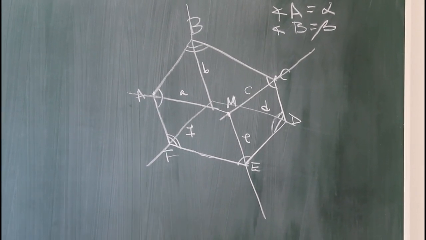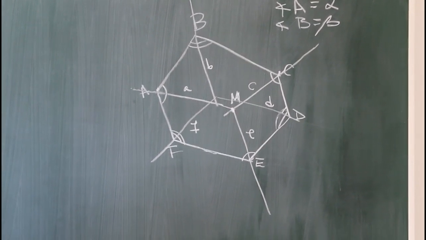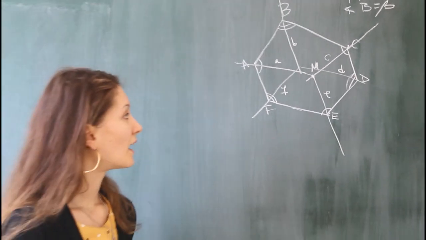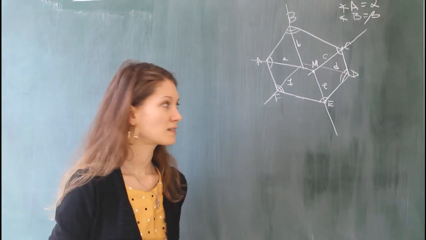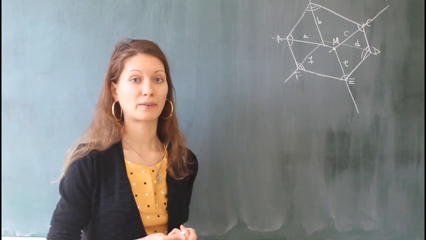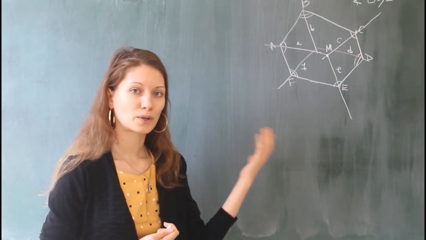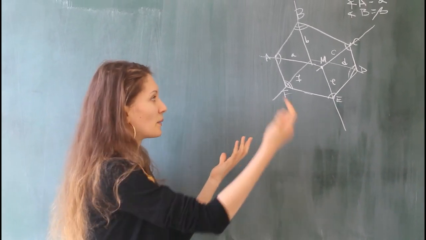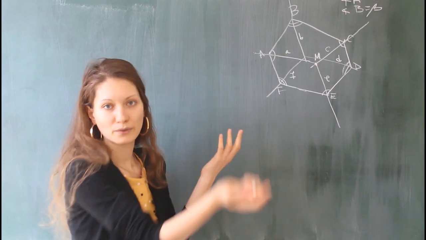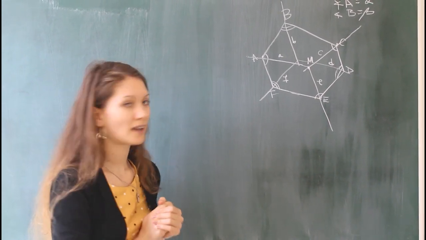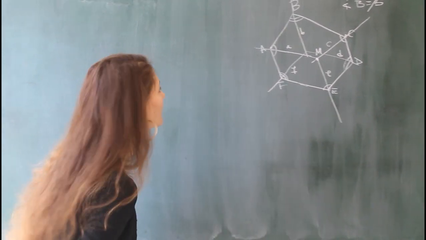Just before we start the proof, let me quickly recap what a directed angle means, because we're going to work with directed angles. The reason is we want to avoid special cases such as when the intersection points are inside or outside the hexagon, and directed angles cover those cases for us.